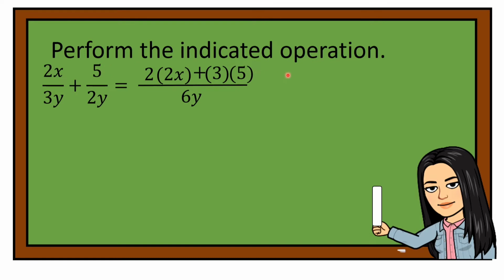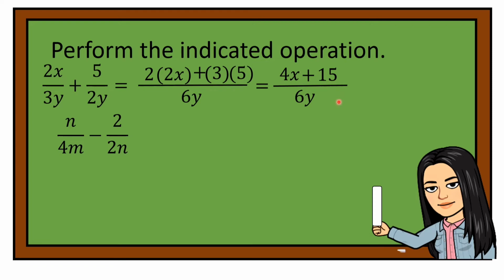And then, let us proceed. 2 times 2x, we have 4x, plus 3 times 5 is equal to 15, over, copy the LCD, which is 6y. Since the numerator and denominator don't have common factors, therefore this is already in simplified form.